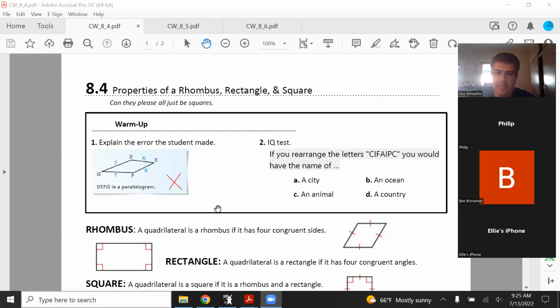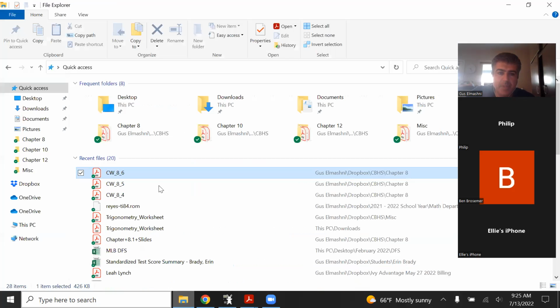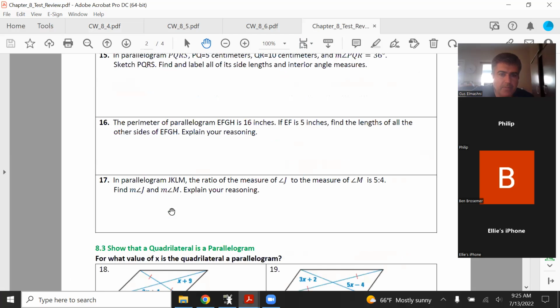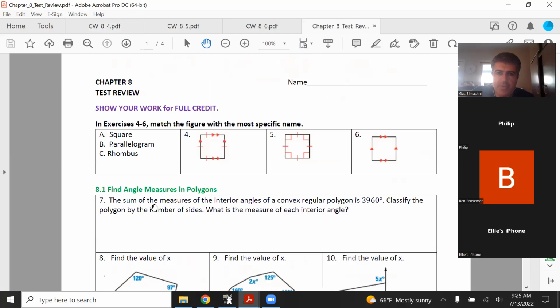And then there's a chapter 8 test review that you probably could work on during the lunch break, which we'll check back on. I may actually have that open after lunch break. And that's where you guys can ask questions.